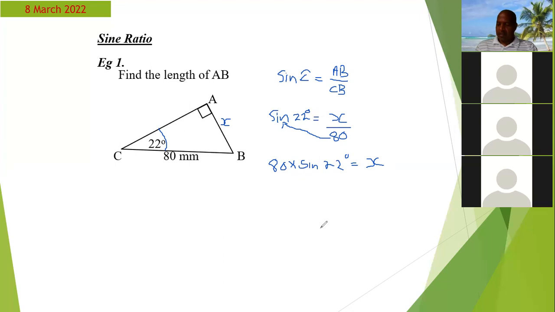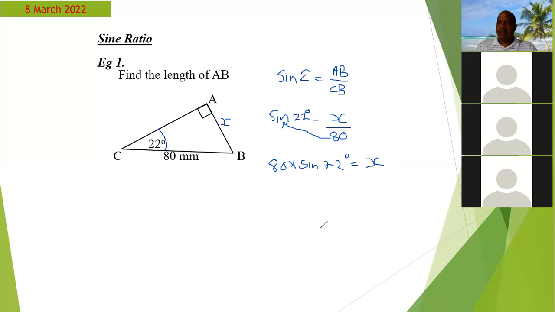All right, so what you want to do, sir, is for some calculators, you would press the sine button on the calculator. So look on your calculator for the button. Yes, sir, I see it. All right, so you would press that button. Then you would put in the 22 after, and then you press equal.